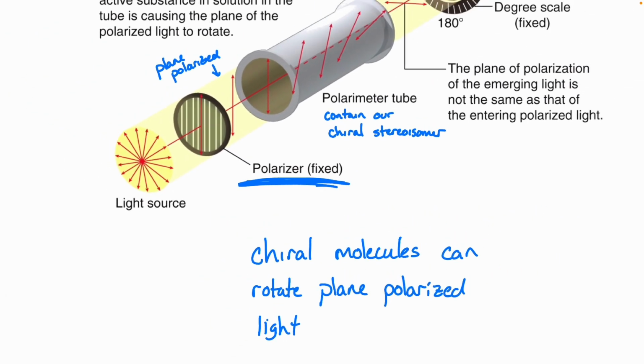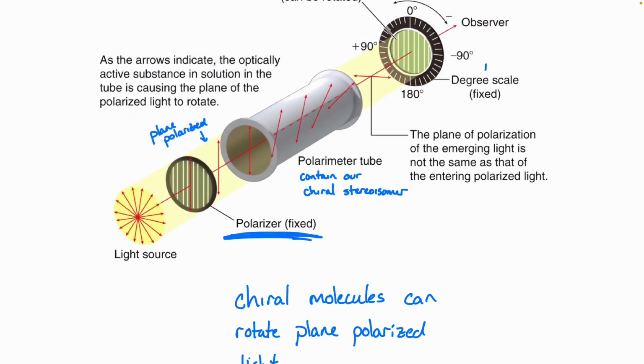All right, so using this experiment and shining it through our sample, we can see if we have a chiral molecule. Achiral molecules will not spin light, right? Some of them might knock it this way, but other molecules will just knock it back the other way. So the net result is no rotation.